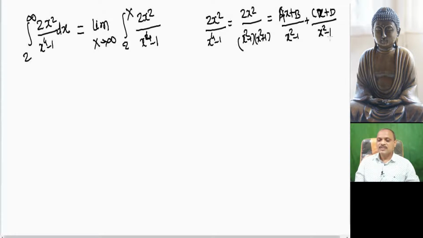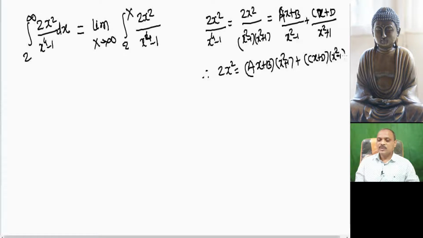Hence we get 2x square equal to ax plus b into x square plus 1 plus cx plus d into x square minus 1.